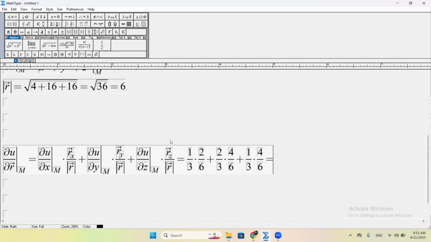So now let's simplify it a little bit. So here I will have 1 over 9 plus 4 over 9 and plus 2 over 9.